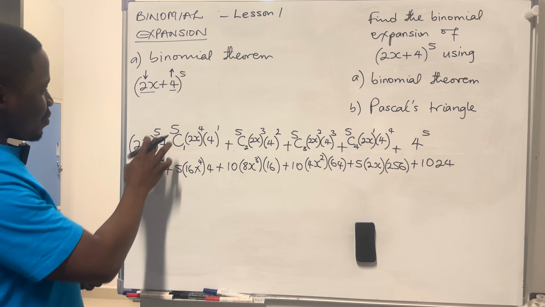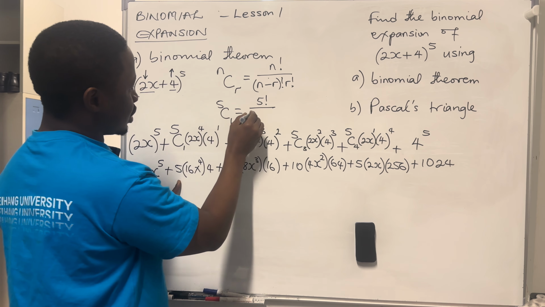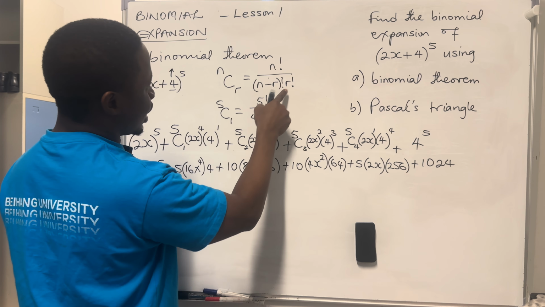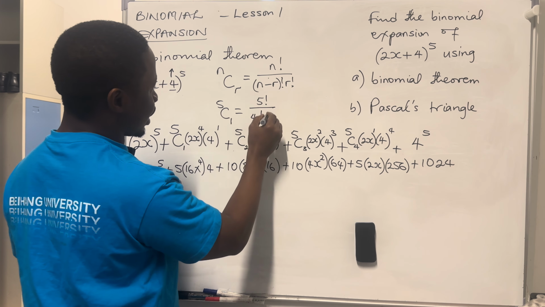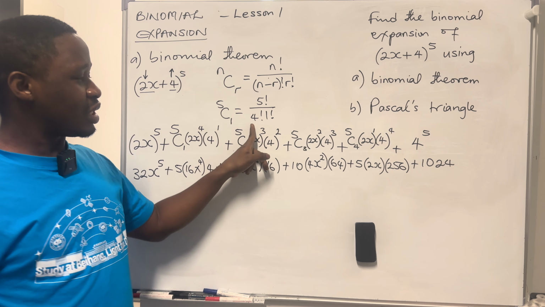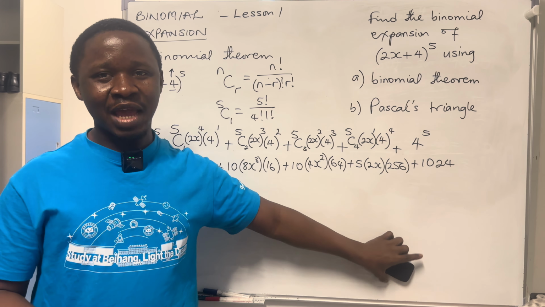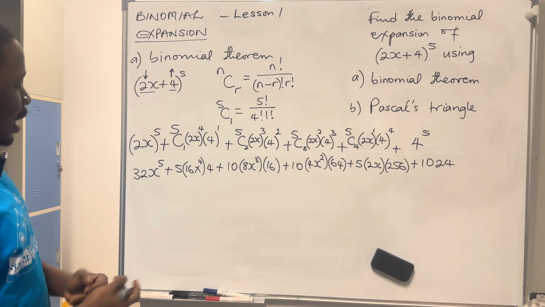This is the formula for n combination R. So if you have 5 combination 1, n is 5 factorial, then n minus R, 5 minus 1 is 4 factorial, then R, 1 factorial. So 5 factorial over this will give you 5. Okay, well, because of the time, we shall get to that.